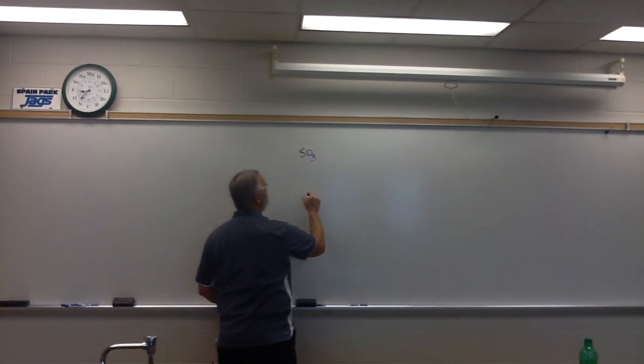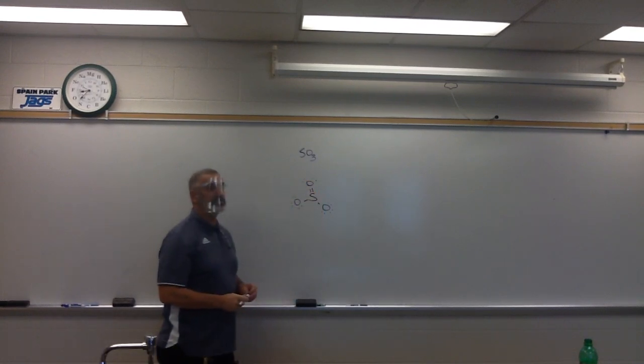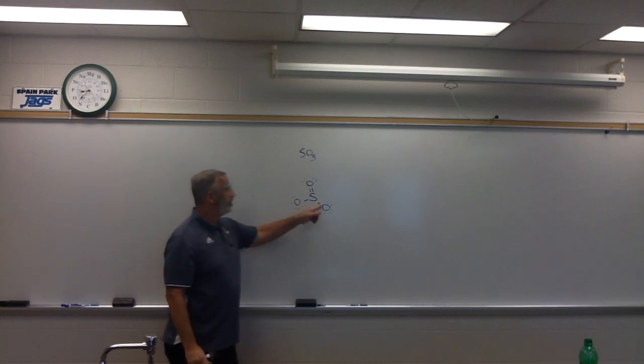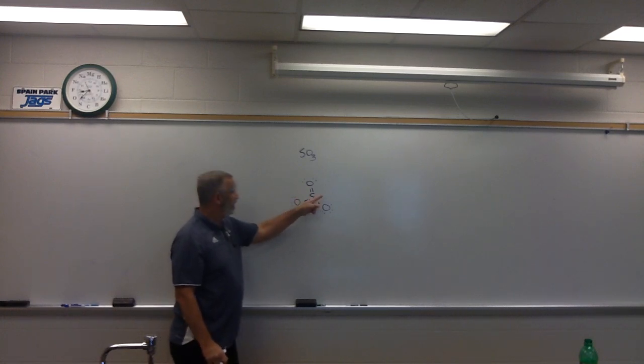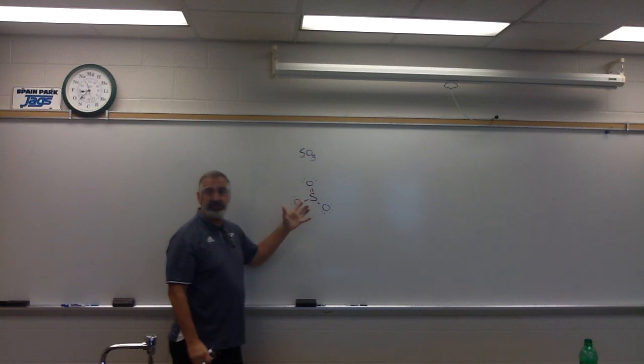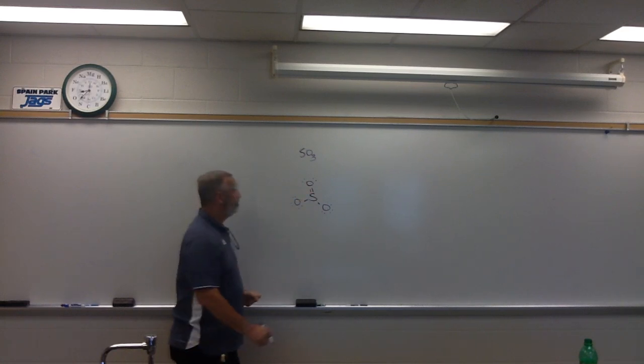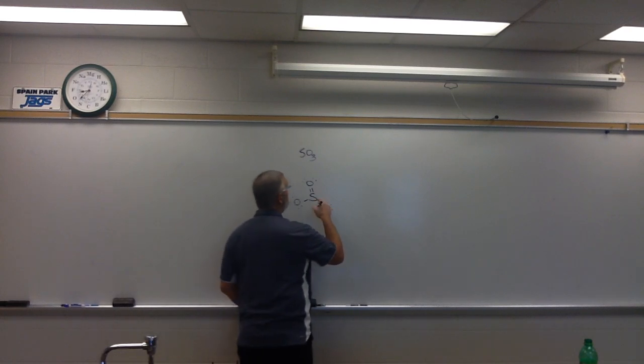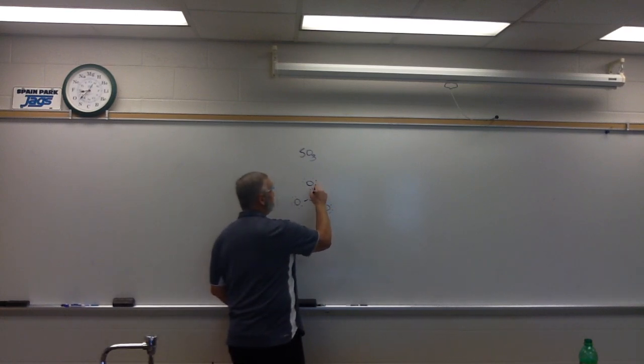Okay? When you originally drew the Lewis dot structure, it looked like that. Now, it doesn't matter which one you have a double bond on, doesn't matter if you did it as a T and the shape, just you have 3 oxygens around, a double and 2 single bonds. Okay? So this oxygen is going to be different, so that's oxygen 1, these are going to be oxygen 2s.